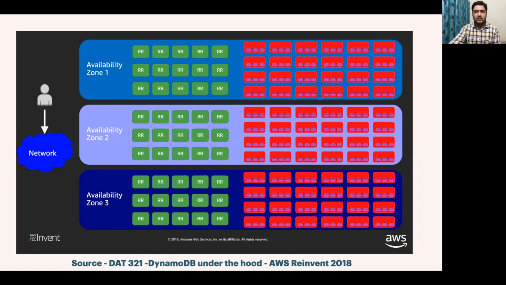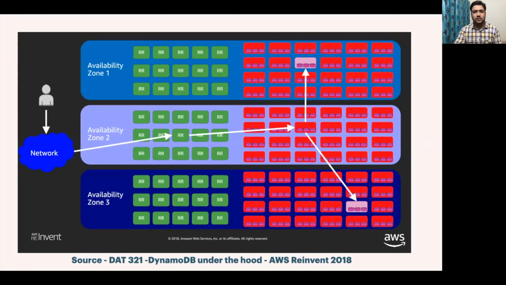Whenever you make a read or write request, this request is sent to one of the random routers, and that router then determines where exactly to write the data amongst the multiple storage nodes that are available inside DynamoDB. And there are 2 other replicas, which are managed by DynamoDB itself. You don't have any control over that, and DynamoDB does it for us.